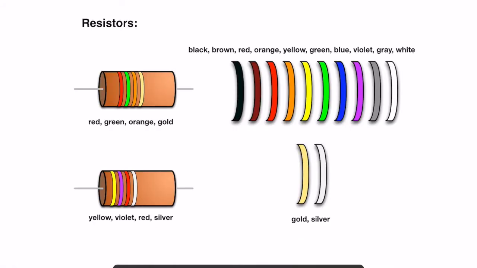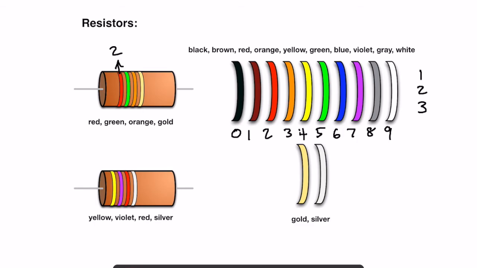There's also devices known as resistors. I hope you remember how to read it. Here are the color codes. Remember, it starts at 0, and then each color represents a different number. And these colors work for bands 1, 2, and 3. So if we have red on band 1, that's a 2.